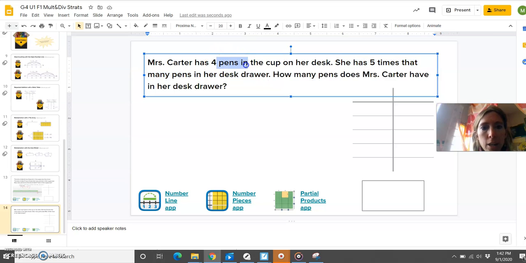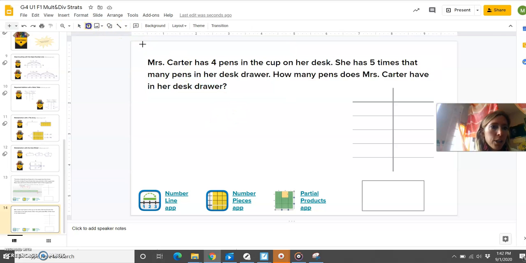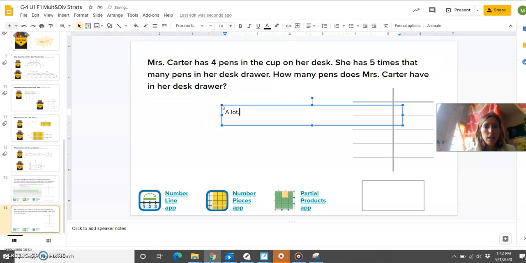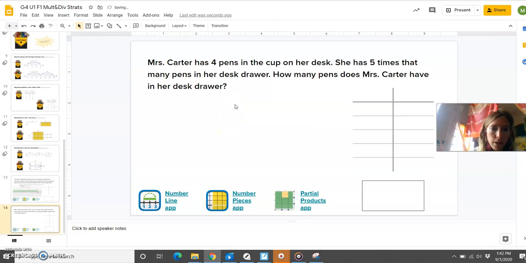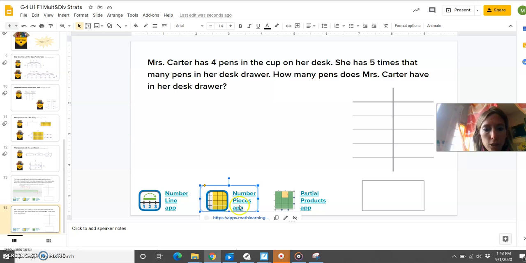She has 4 pens on her desk, but in the drawer, she has 5 times that amount. So how many pens does Miss Carter have in her desk drawer? Well, you're not just going to write a lot. No, okay, we know it's a lot, but let's get a number on that thing, okay? Let's try it in the number pieces app.